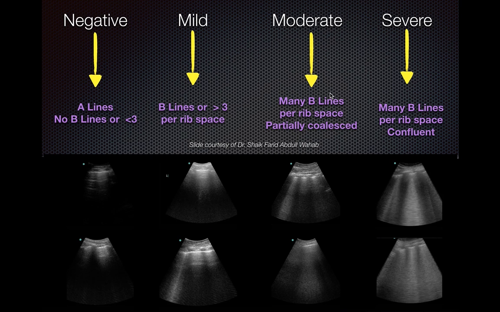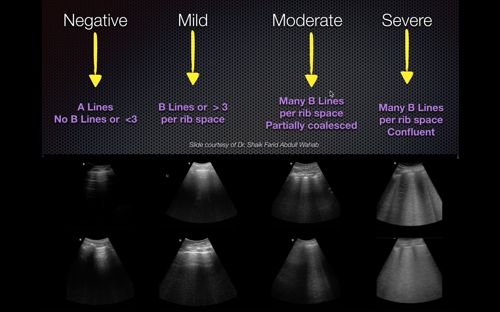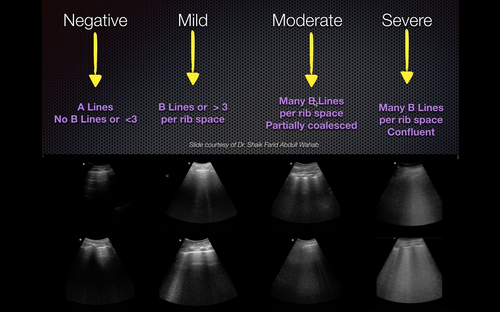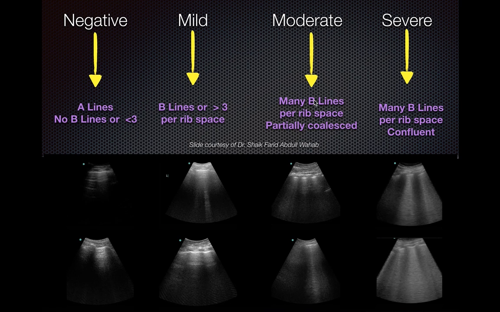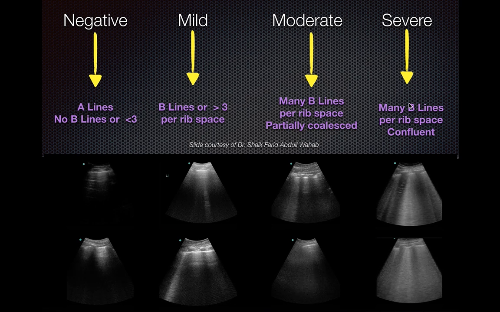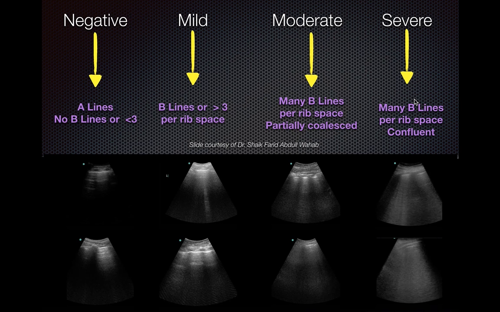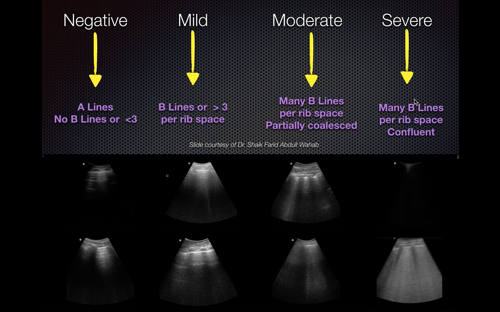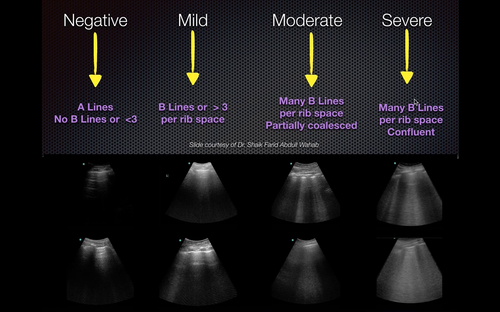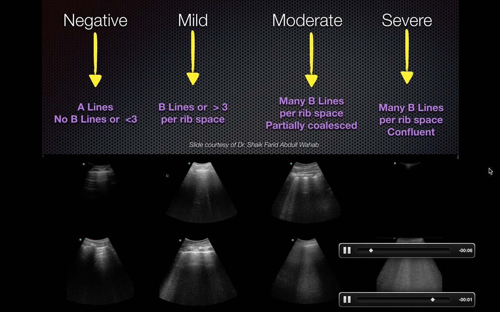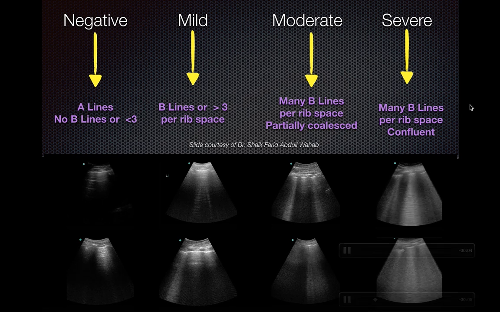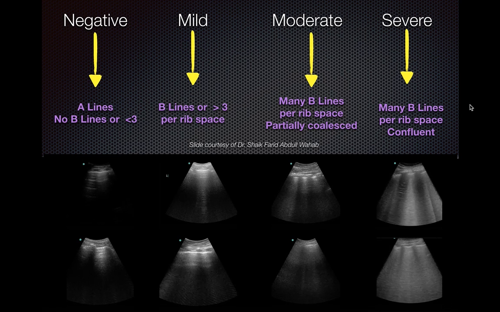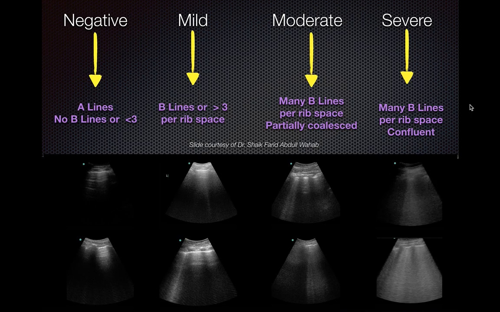Then moderate, where you involve more than just a single interspace, with B lines in multiple rib spaces. And then in a very severe setting, you might not see discrete laser-like lines down the screen, and they may be confluent in appearance. What you're really looking for is the movement right here that you can see as the patient takes a breath in and out. You can see the movement of that confluence.